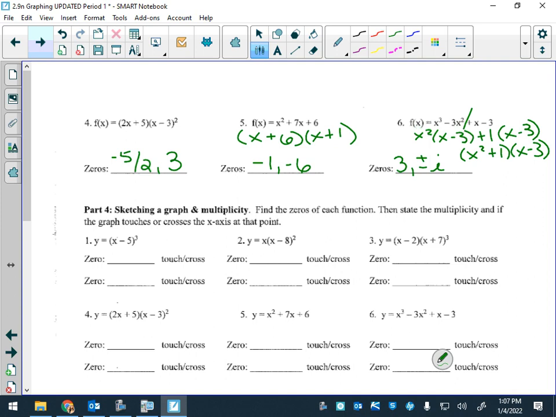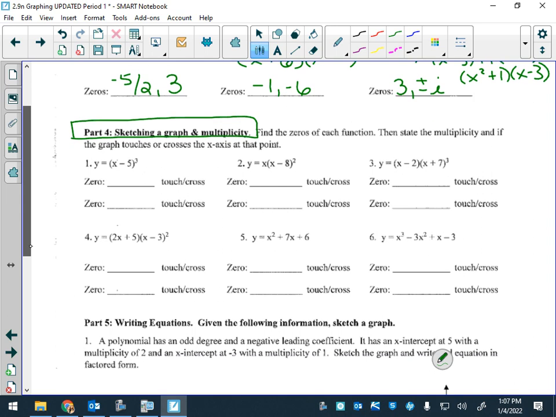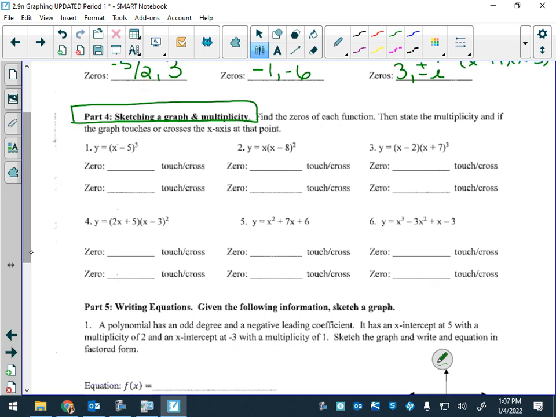Right? So now this was a new part for us in terms of multiplicity. That's where the cubed terms or squared factors come into play. So for example, number 1, we already know this is a 0 of 5. But at 5, is it crossing or touching, meaning bouncing off?